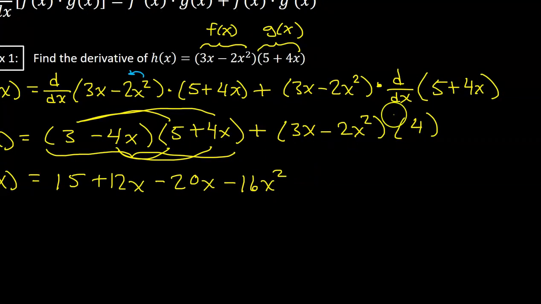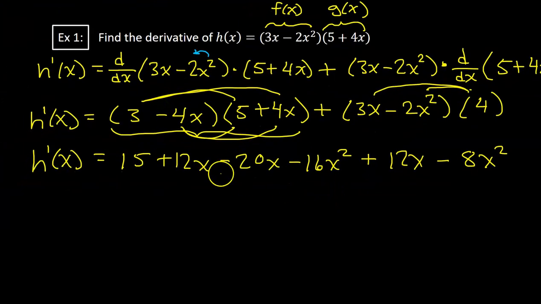So now I have this part where I'm just doing the distributive property. Even though I'm kind of doing it from the right, that doesn't matter. So I'm going to end up with 12x minus 8x squared. Now I'm just scanning through looking for any like terms that I might see. So h prime of x is going to equal, let's start with the quadratic terms, the x squared terms.